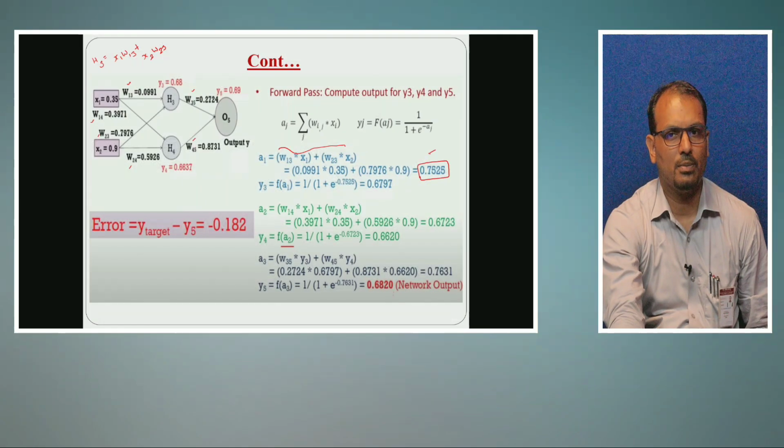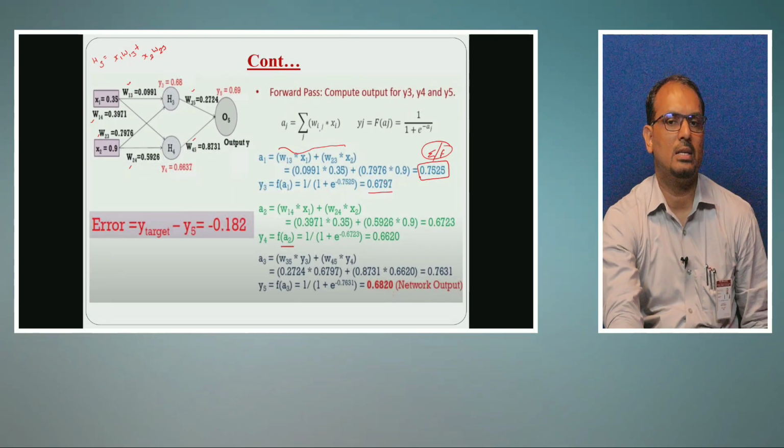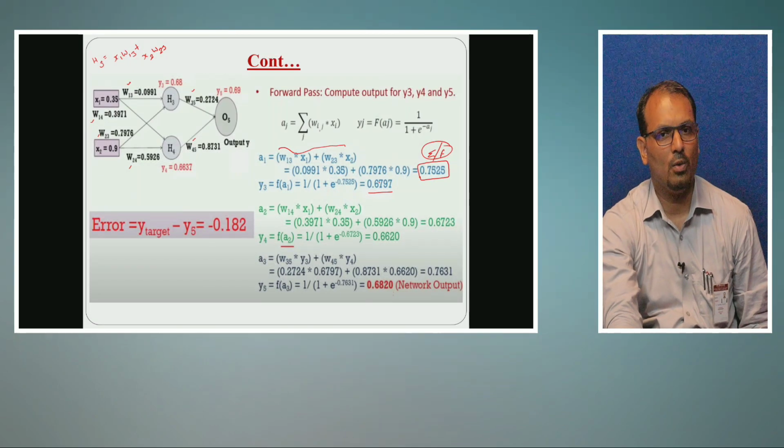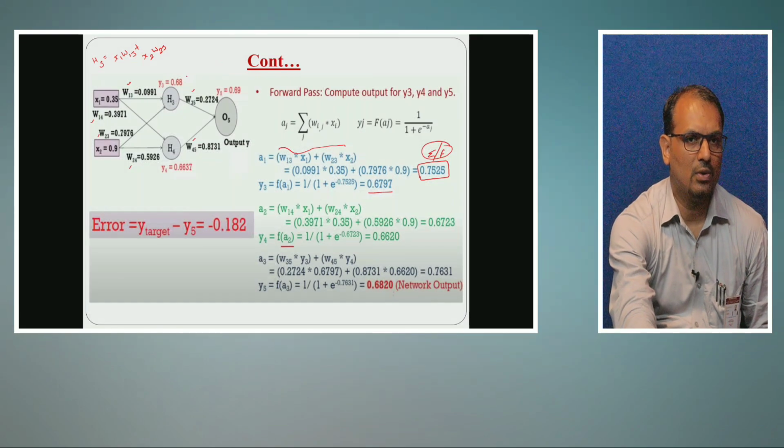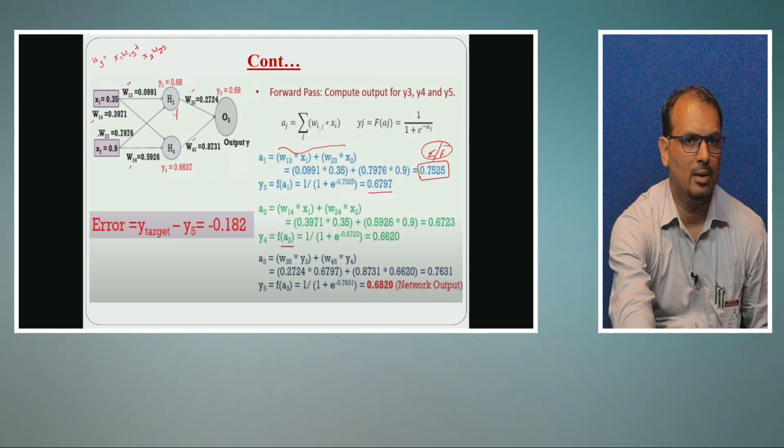This is the summation. To find the activation of this sigmoid function, again we use 1 upon 1 plus e power minus a1. a1 you just calculated, you put it in and get 0.6797. So with respect to H3, again you calculated the Y3 here.